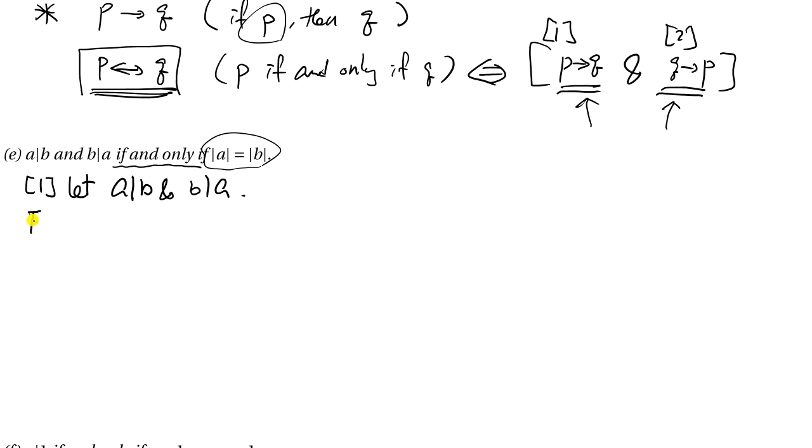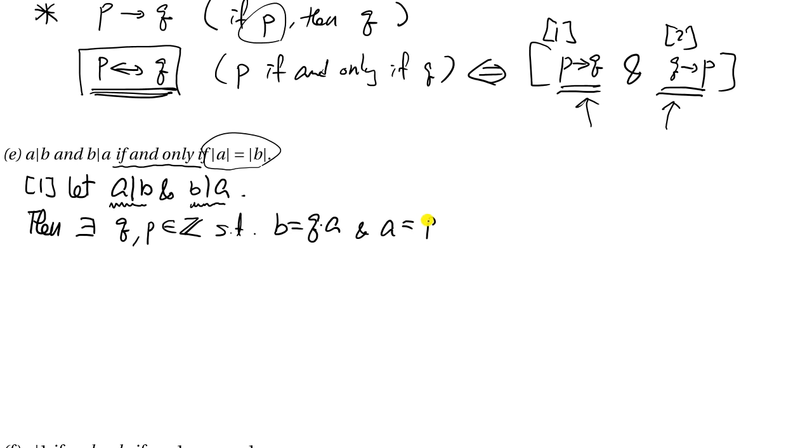Then from there, by the definition, A is a divisor of B means there is an integer, let's say Q, in the integer set such that the relation is B equals Q times A. But from the second one, B is a divisor of A, so there must be another integer P satisfying A equals P times B. Of course, respectively, but because we are accepting these two conditions, there must be two integers.